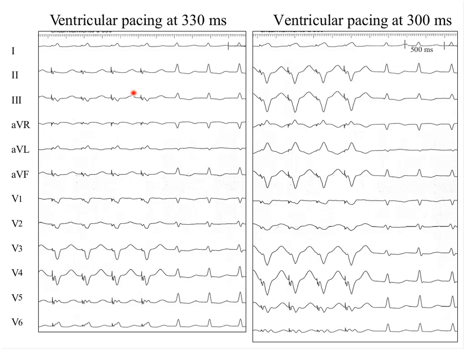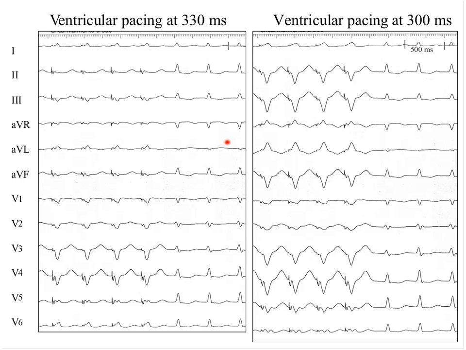Actually, if I tell you that we are pacing at the right ventricular apex, you should tell me here at the left panel, you are wrong. This is a wrong label. This is not the right ventricular apex. But in fact, it was right ventricular apex.